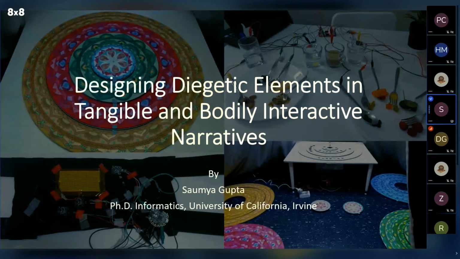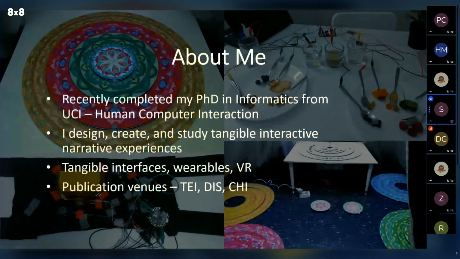All right, so I know we already talked about me a little bit, but I'll go through my intro as well. So I just completed my PhD in informatics from University of California, Irvine, with my focus on human-computer interaction. What I do in my work is design, create, and study tangible interactive narrative experiences.